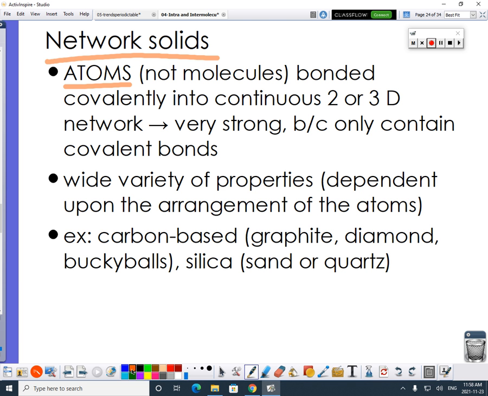So when it says atoms for a network solid, they don't just mean any atom. It's really specifically carbon or silicon. So they're in that column together where there's 4 valence electrons.